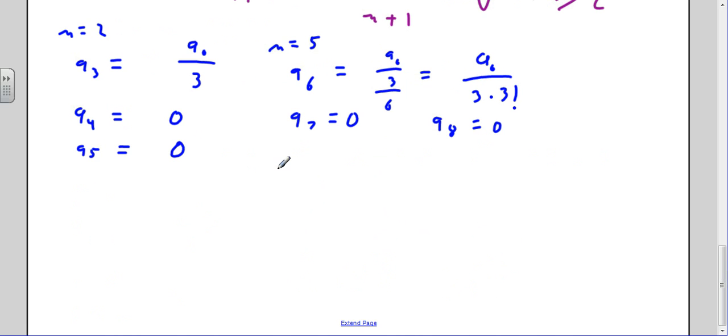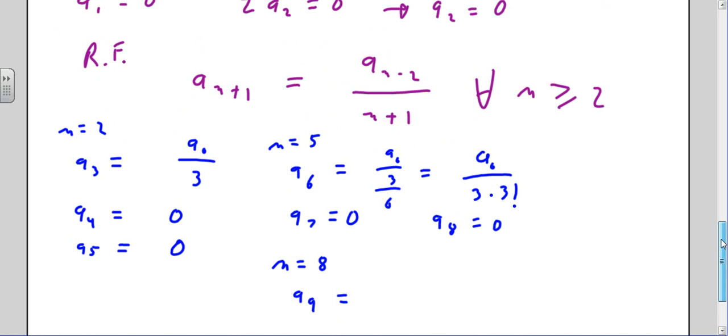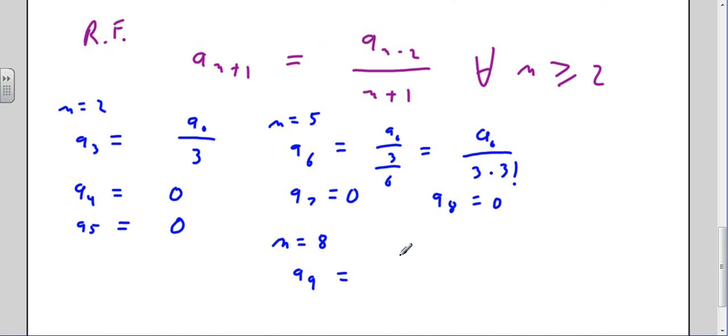I look at A9, so n is equal to 8, and I have A9 is equal to 8 minus 2, which is 6, so it'd be A6, A0 over 3 times 3 factorial. Well, that's 2 3 factorial, isn't it? 2 times 3 factorial divided by 9.